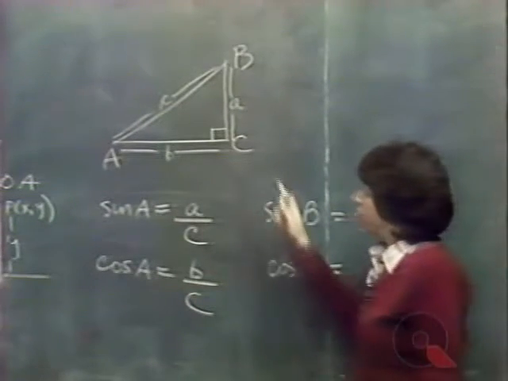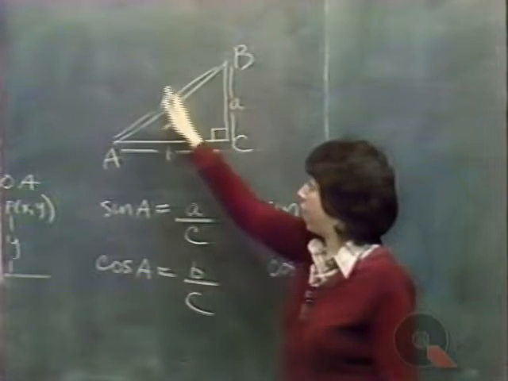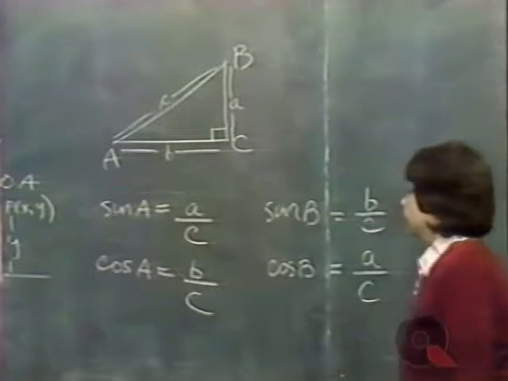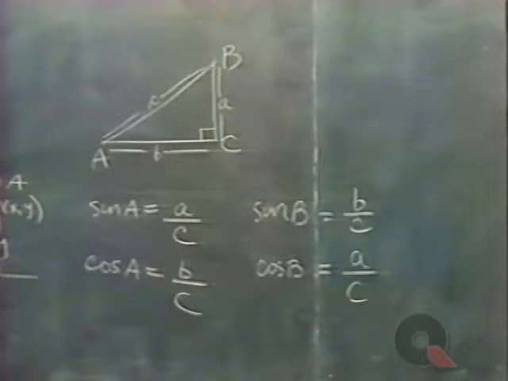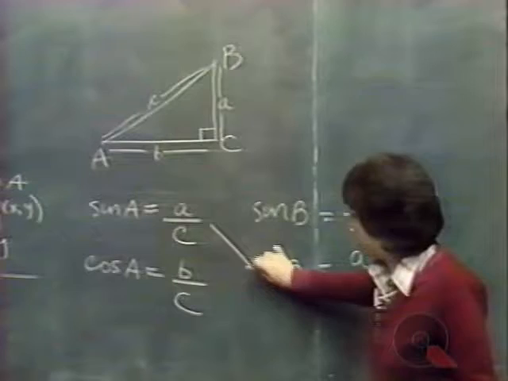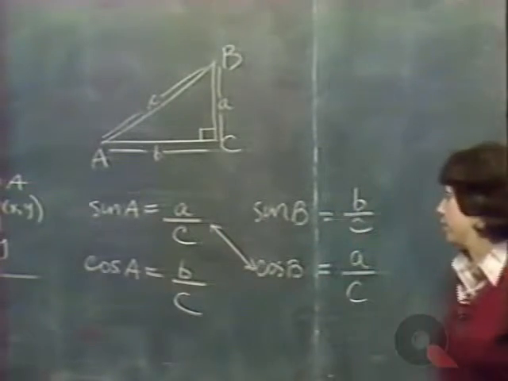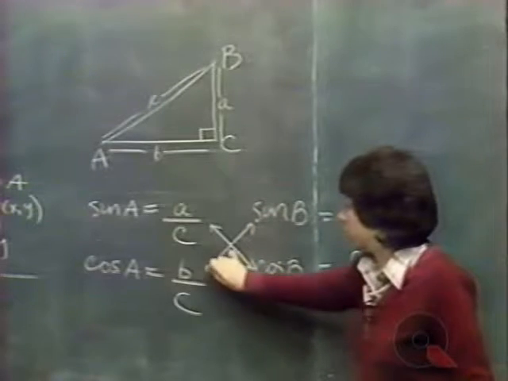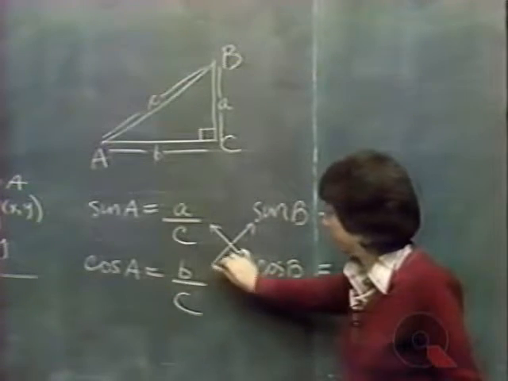For cosine of B, adjacent over hypotenuse: a over c. And we notice that the sine of angle A is equal to the cosine of angle B, and the cosine of angle A is equal to the sine of angle B.